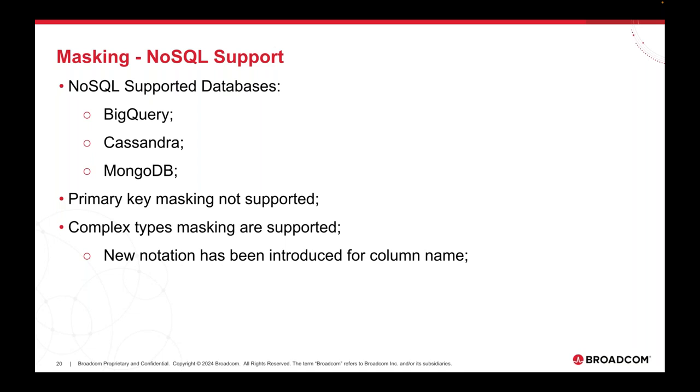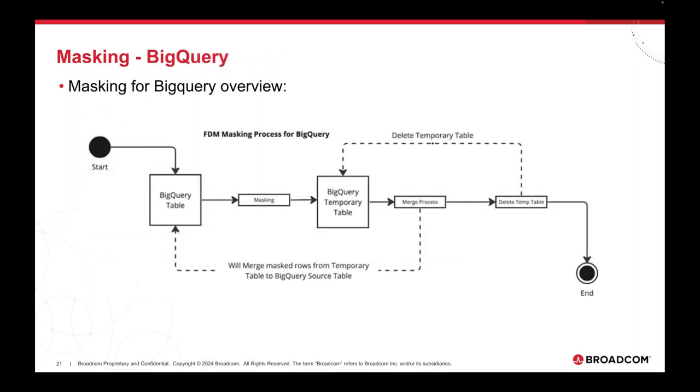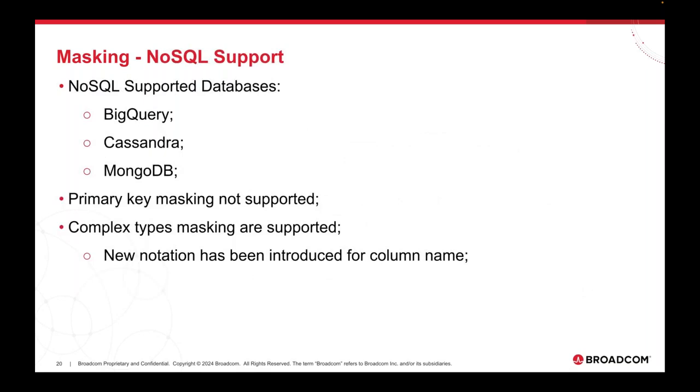The complex types each have their own name, but in the end of the day they are the same. For that we have a new notation which includes a dot in the name of the columns, like we are familiar with in the view that we are seeing.